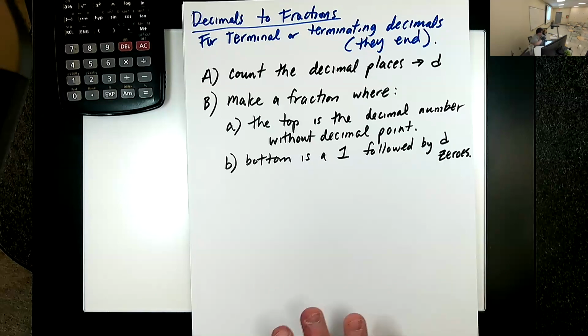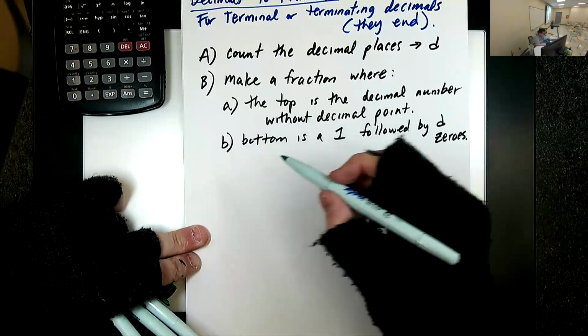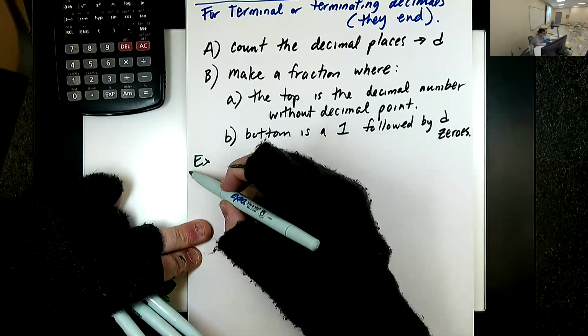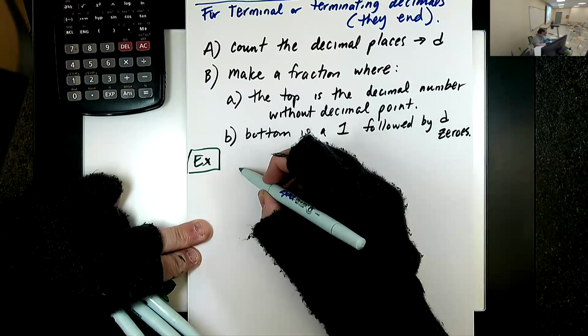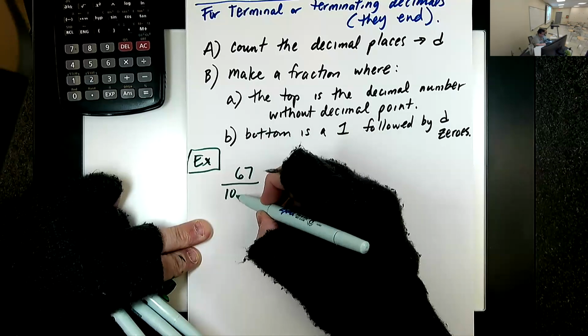So let's take a look at an example. Let's say we have 67 over 10,000.